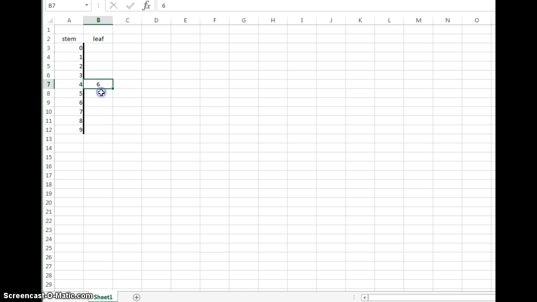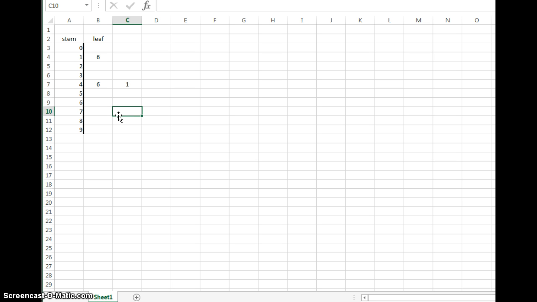So this 6 here represents a 46. And then 16, you'd represent it with a 6 there. So the tens place is a 1, and then the next digit is a 6 for 16. 41, you'd represent it as, again, we're in the 4 column, so 40, the 40s, 41. So put all those numbers in a chart like this, and you've created a stem leaf.